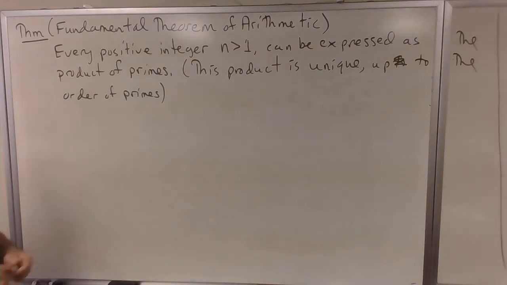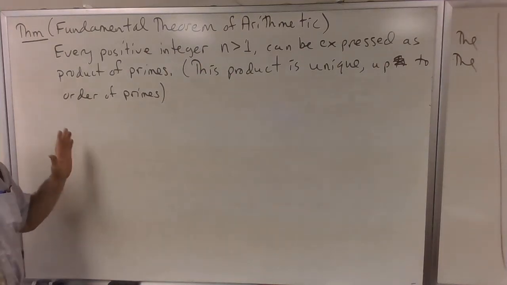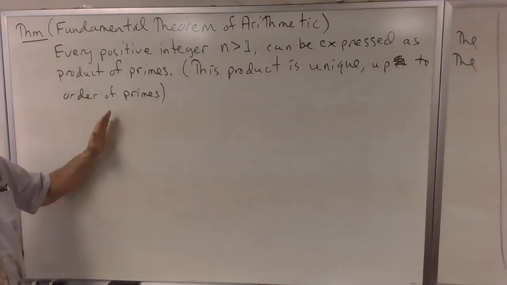So every natural number greater than 1 can be written as the product of primes. And that product is unique as long as we're disregarding the order of the factors.